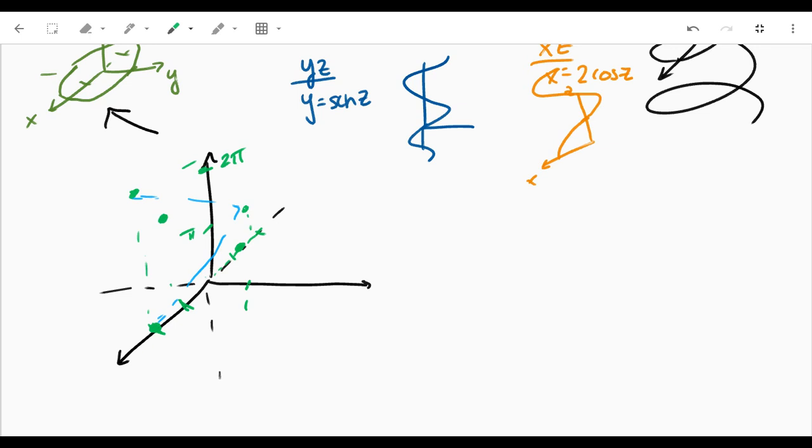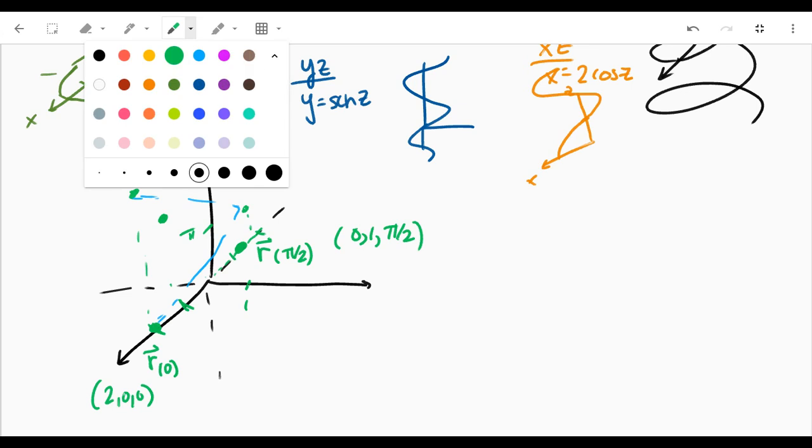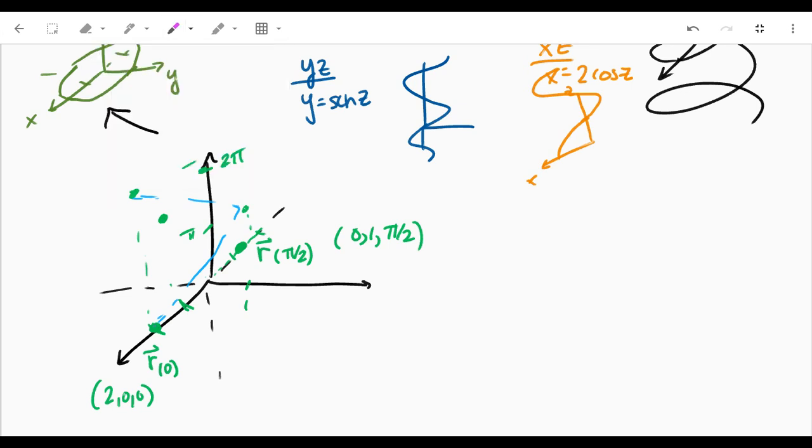Okay, so this was r of 0. Then here would be r of pi over 2, which again was at (0, 1, pi over 2). This one was at (2, 0, 0). So I'm going to choose a different color here. Okay, we're curving around to that guy.